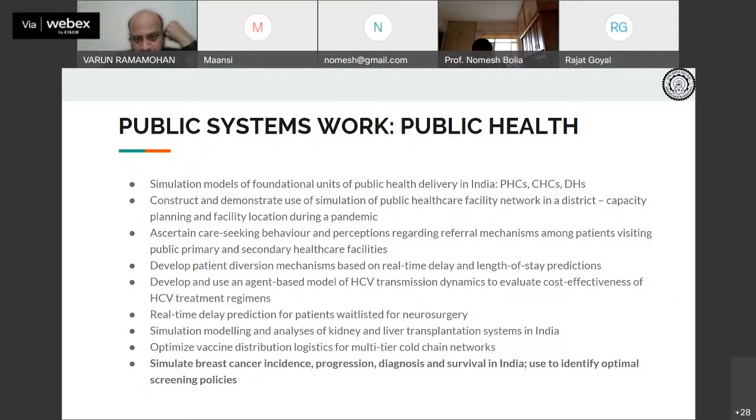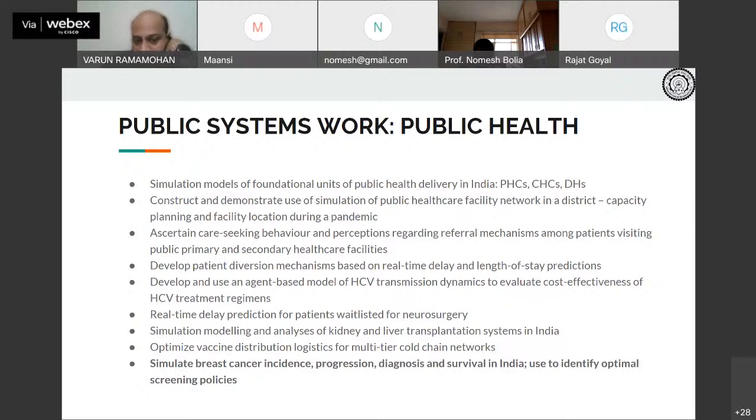Other than this, there are many other smaller problems that we've worked on. I wouldn't call them smaller problems, but let's say they're slightly more specialized problems. They're specific to maybe a particular disease or a particular operational unit. So, like kidney and liver transplantation systems, and wait time prediction for patients who are waitlisted for neurosurgery at AIIMS.